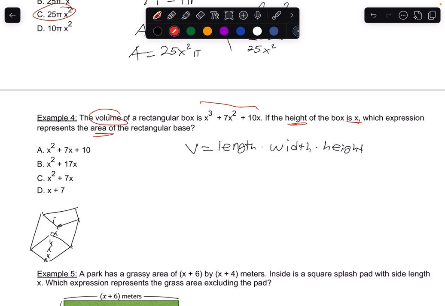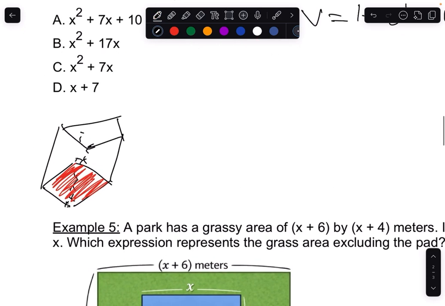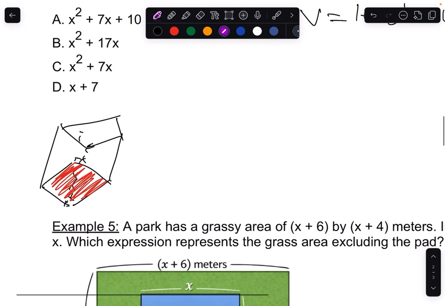It's a rectangular prism. That means the base is going to be a rectangle. What is the area of the base? Well, if I asked you to figure out the volume of this prism, you would find the length, the width, and then the height. Notice the length and the width is the area of the base.